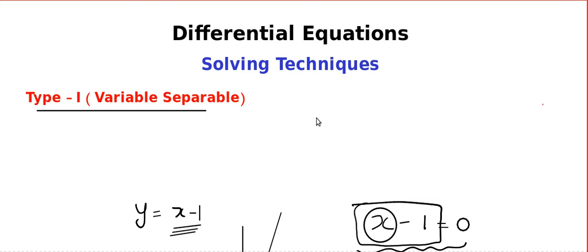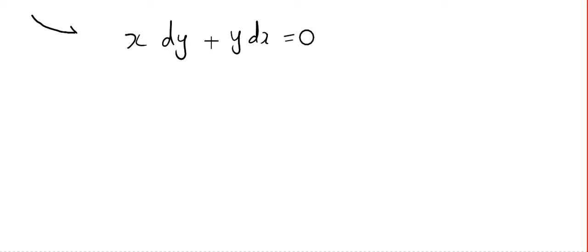Now look at this. I'll give you a simple differential equation: x into dy plus y into dx is equal to 0. And once more I am telling you, these differential equations arise because we are doing some sort of experiment. Maybe a heat experiment, maybe experiments related to temperature, volume, pressure, profit, loss, anything.